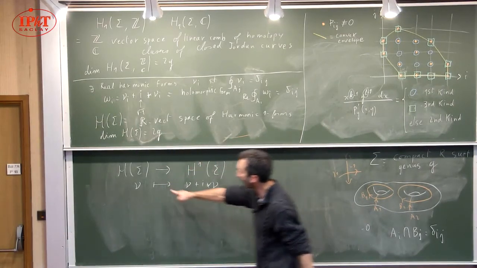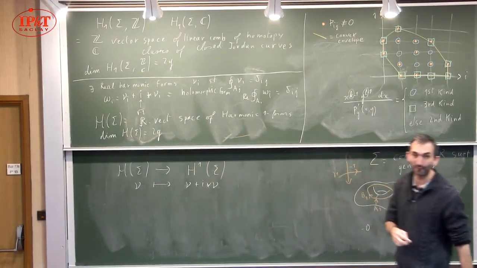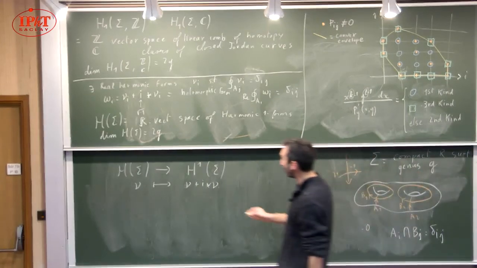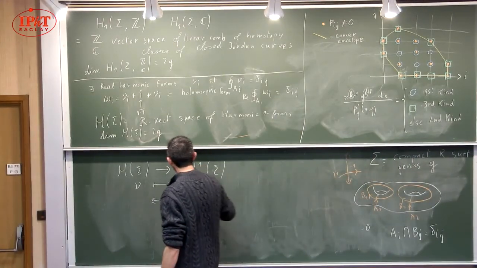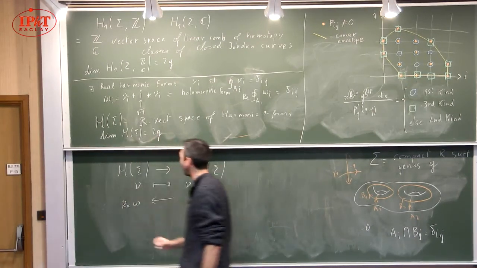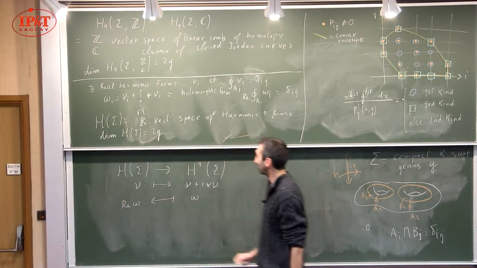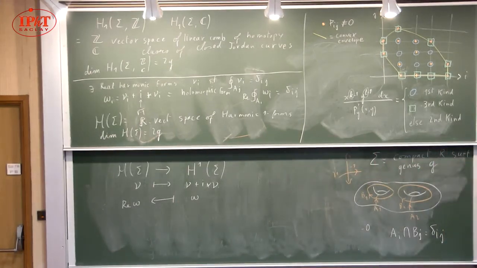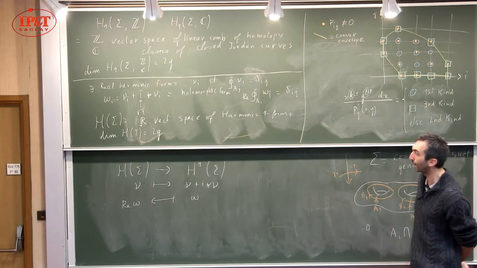So it sends harmonic forms to holomorphic forms. And this map is invertible, because if you have an omega here, you just take the real part of omega. So this is an invertible map, which means that as vector spaces they must have the same dimension.